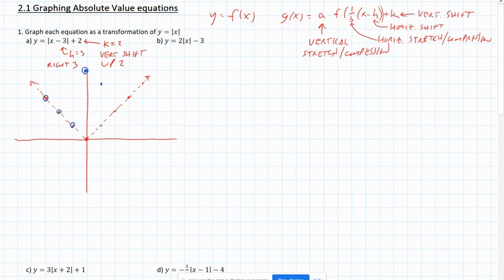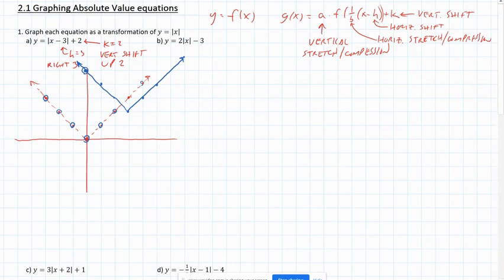And so on for each remaining point. So we see we get the same v, but the entire v has been shifted right 3 and up 2. So the blue graph is the graph that we're looking for.